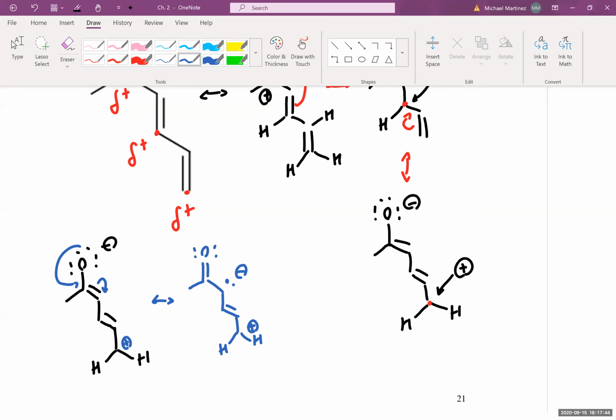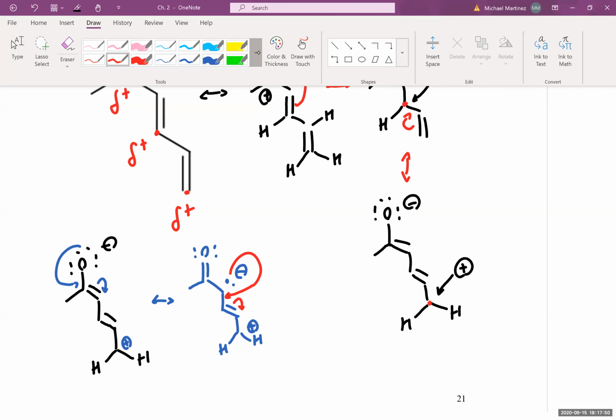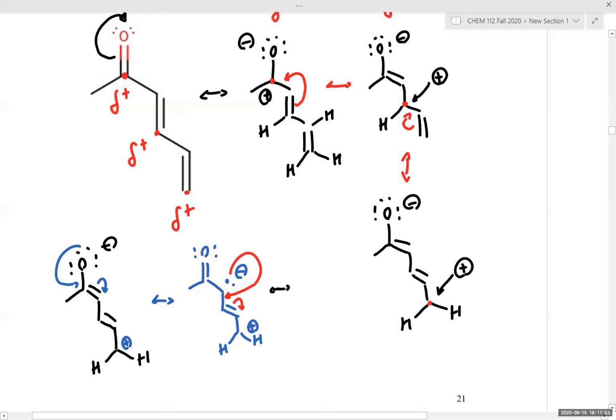Next, we can kick our lone pair down and break our double bond once again. And that in turn generates another resonance structure that looks something like this.